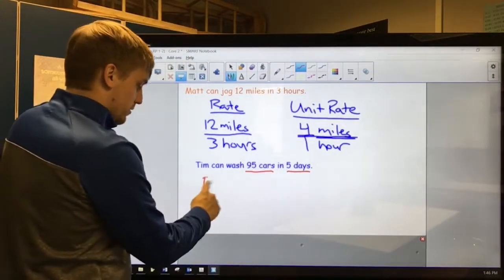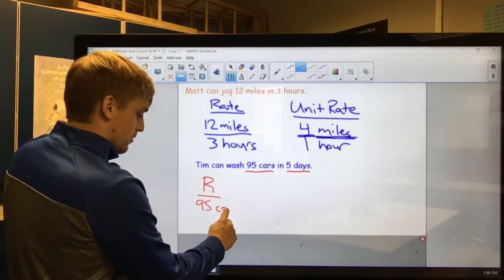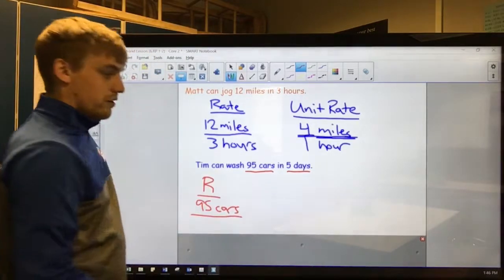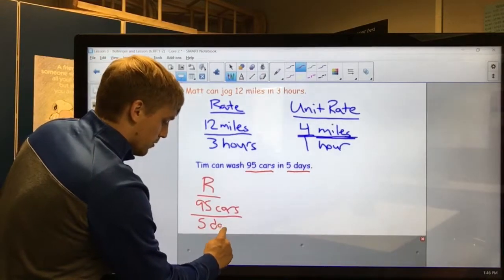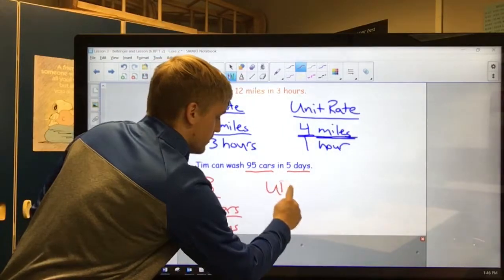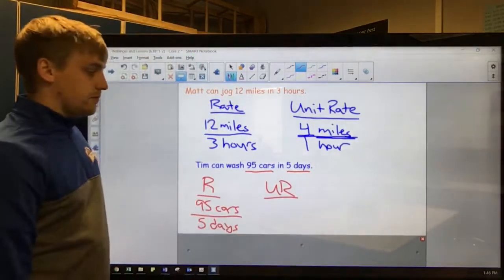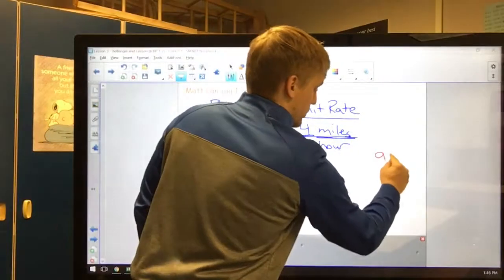So my rate is 95 cars per 5 days. My unit rate, we take 95 divided by 5, so I'm going to do that on the side.